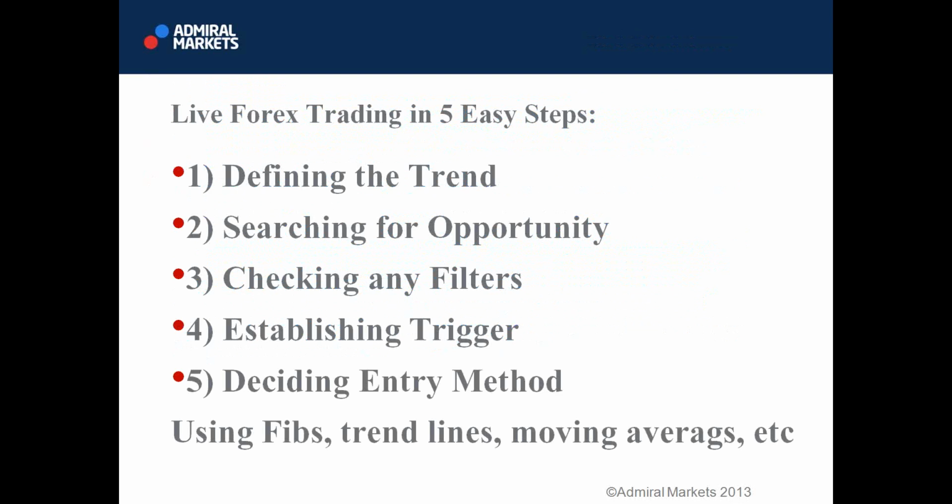Then we'll establish a trigger. In this case, we'll be using trend lines more. That is the main focus. And then the exact entry, which could be upon the break, pullback, or continuation, for example.